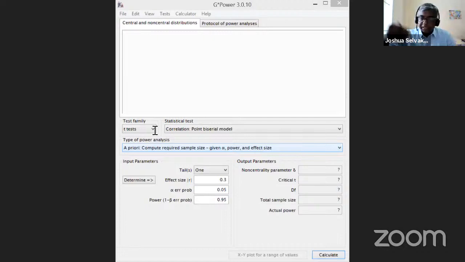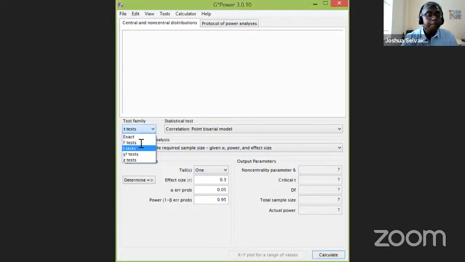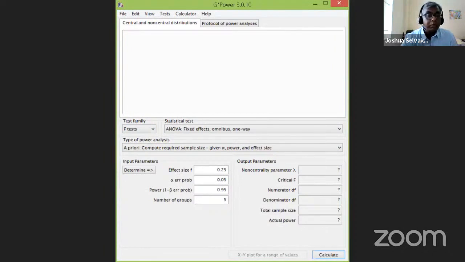much should be your sample size? Let us say you want to do an ANOVA test. There are ANOVA, MANOVA, and other tests.